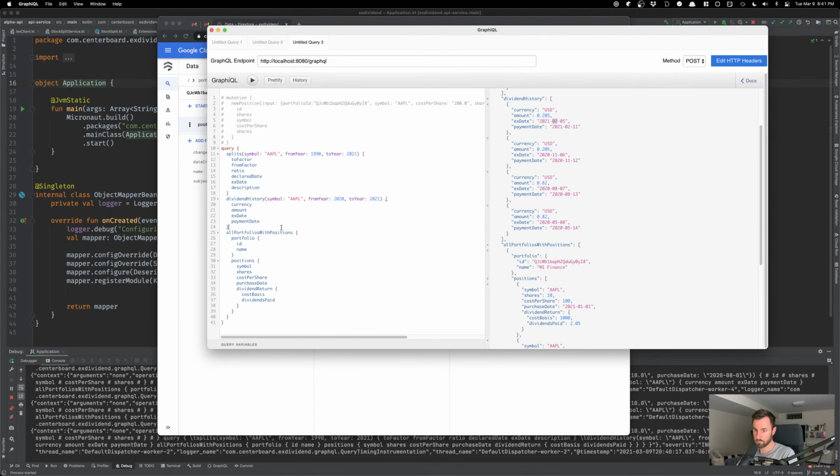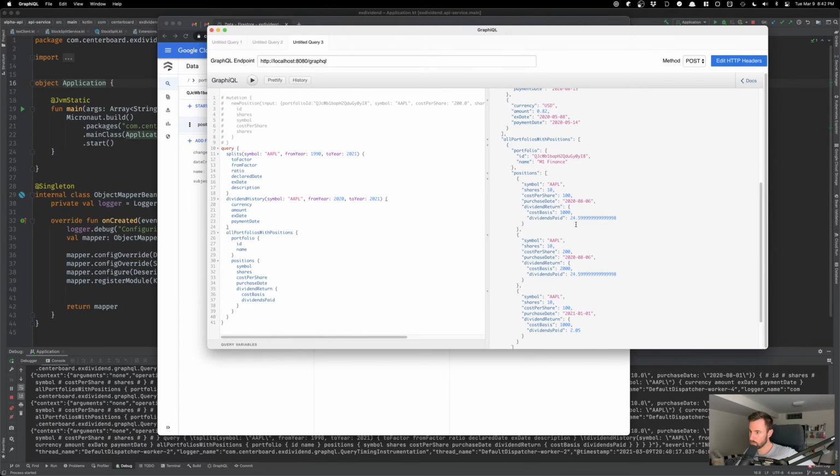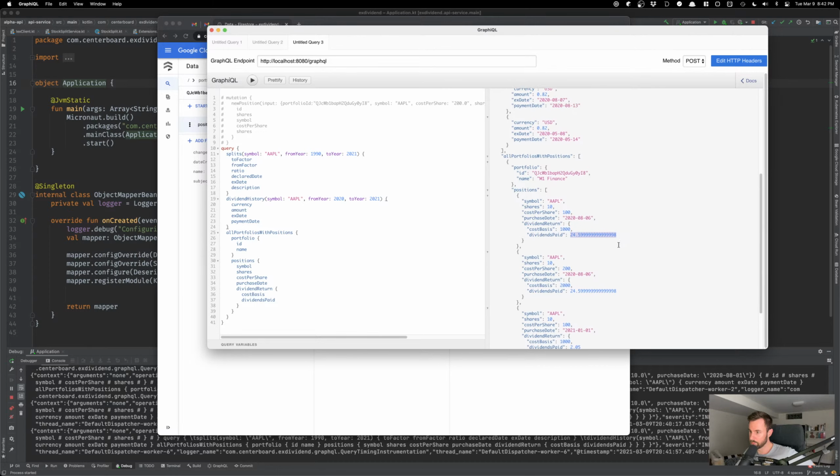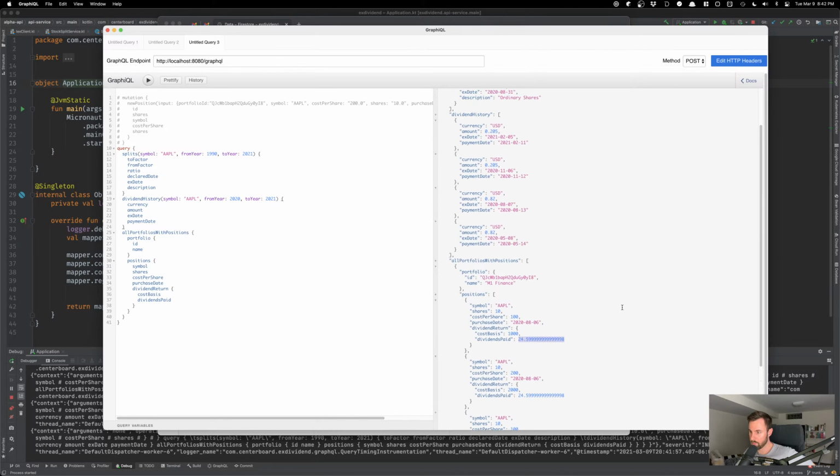Okay. So let's run this again. And yeah, these two should be different amounts. So let's now check the math on this.